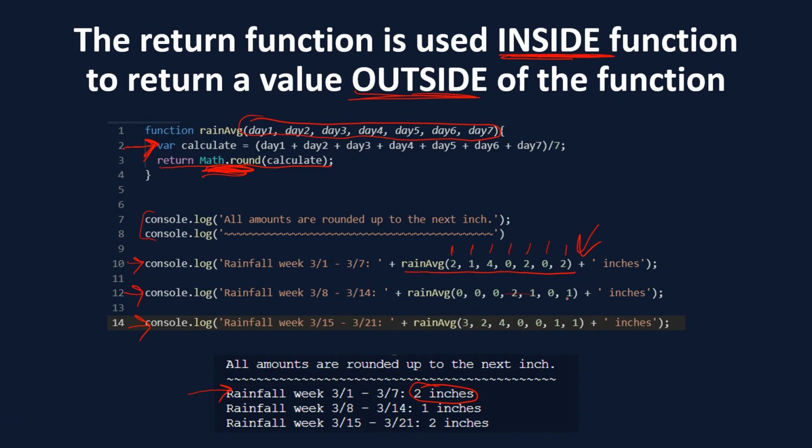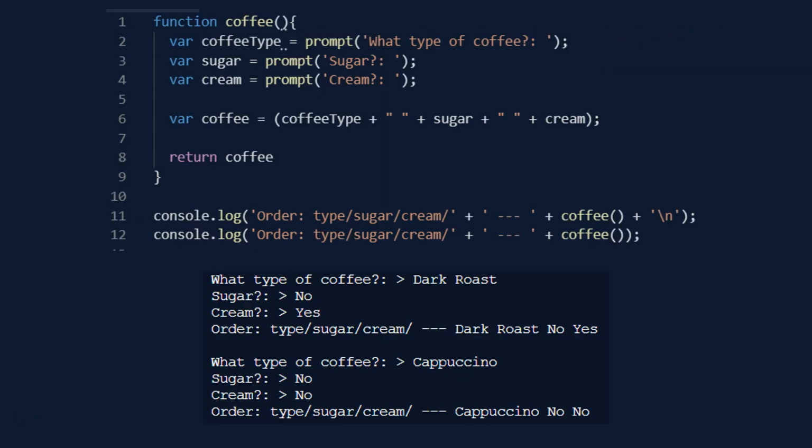Again, just making up numbers here. So that is another example of how you have a return statement inside of a function, and then the value is being returned outside of that function. So created inside and used outside, if that makes any sense.